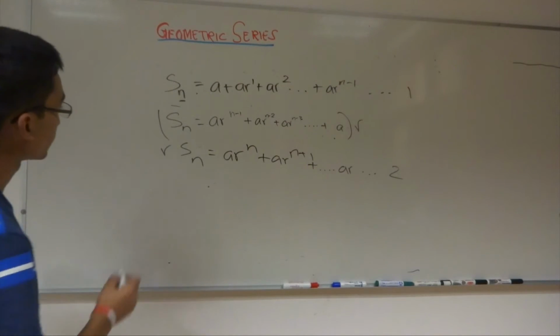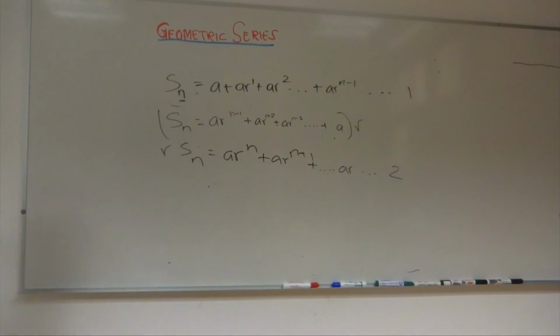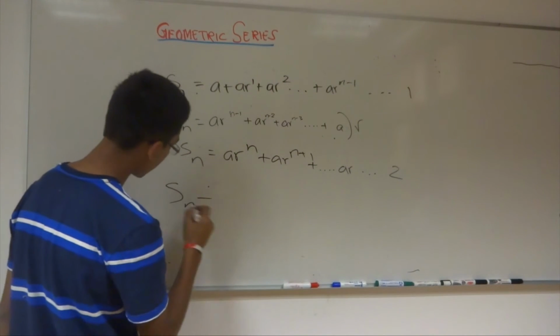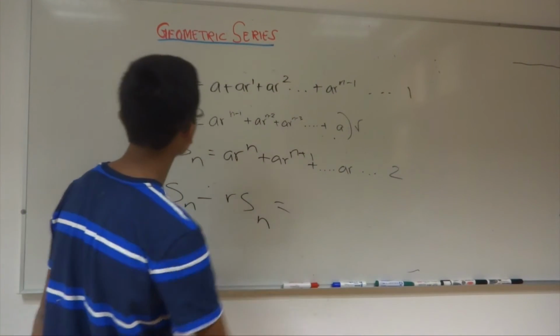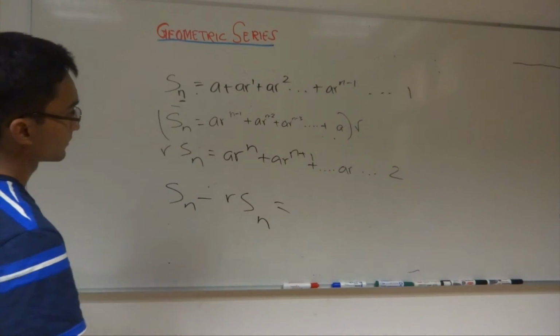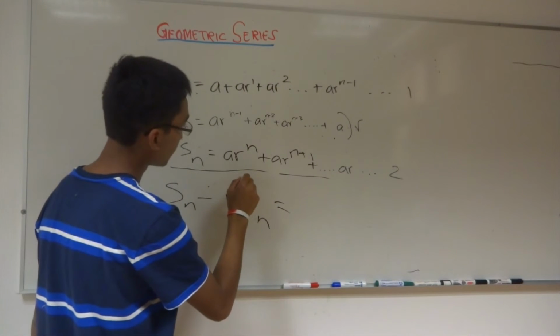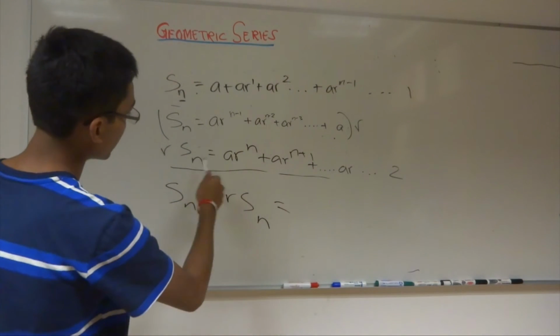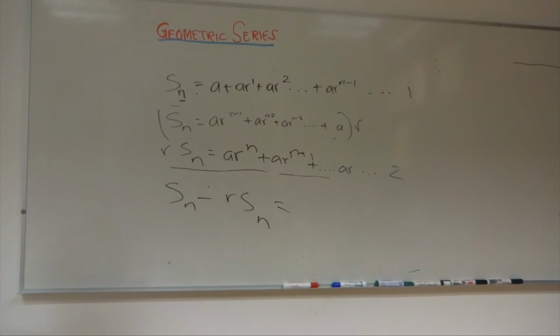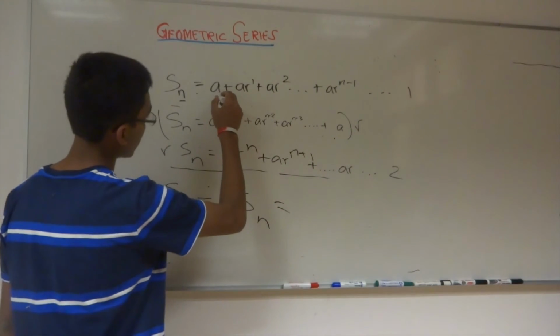So when we do subtract them, we'll have S sub n minus r times S sub n, which is equal to. If you subtract them all, just remember that in this equation, you don't have a, because remember you multiplied everything by r. You don't have a times r to the power of n in this one.